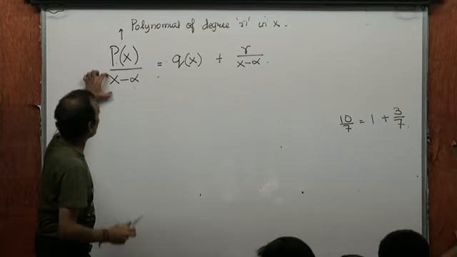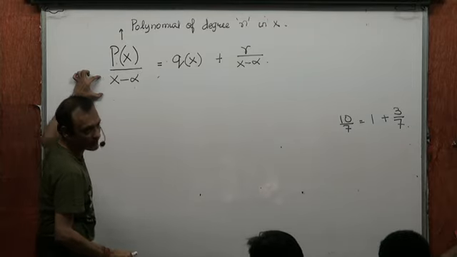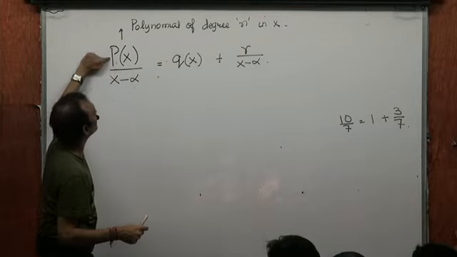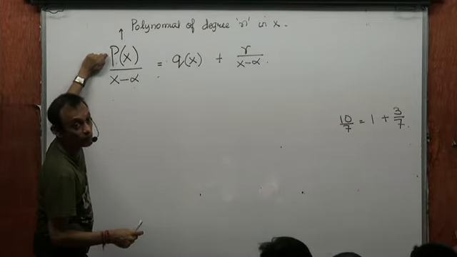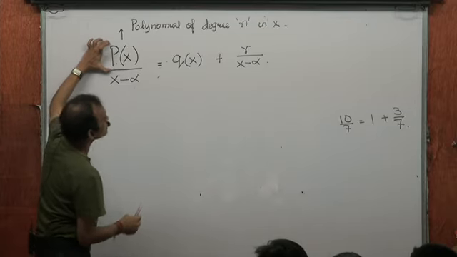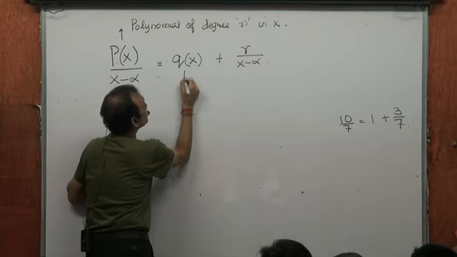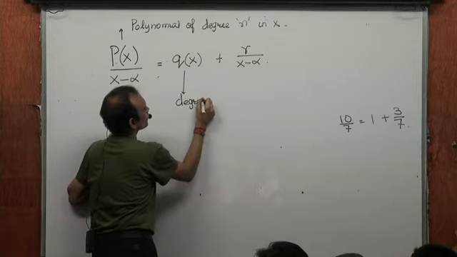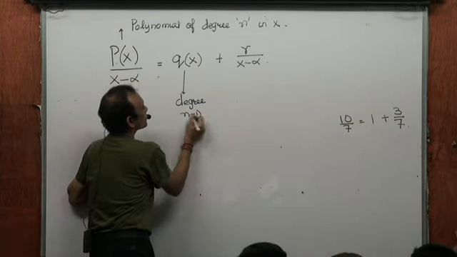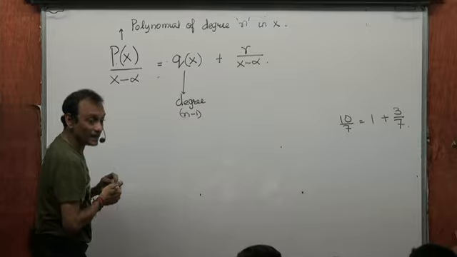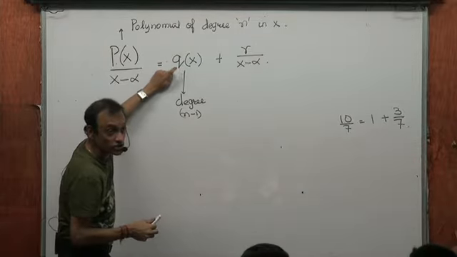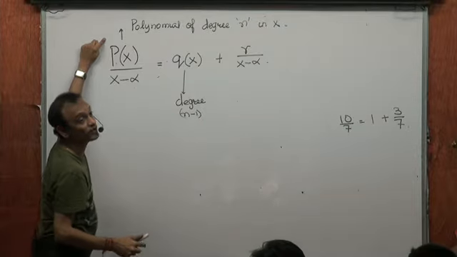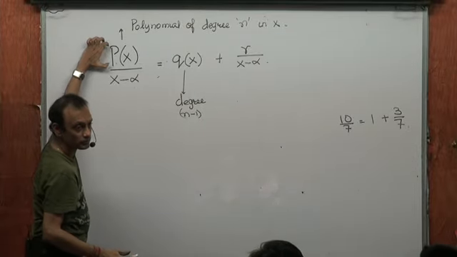Every time you divide by a polynomial of degree 1, the quotient would be of degree 1 less than the numerator. If this was of degree n, then the quotient would be of degree n minus 1.